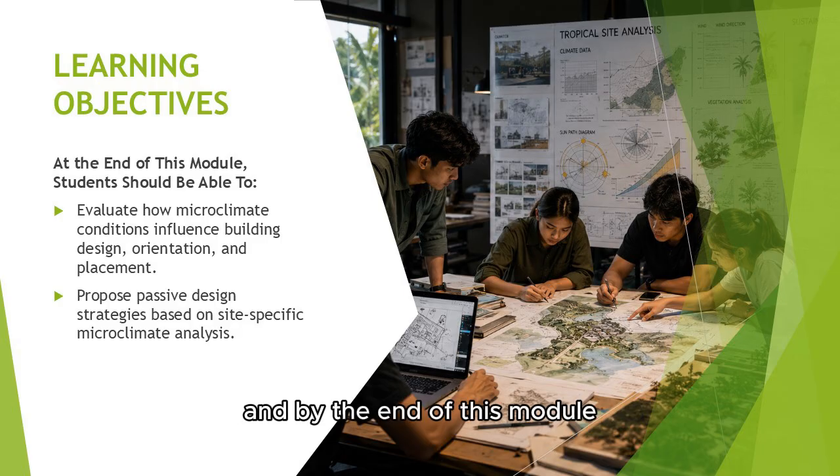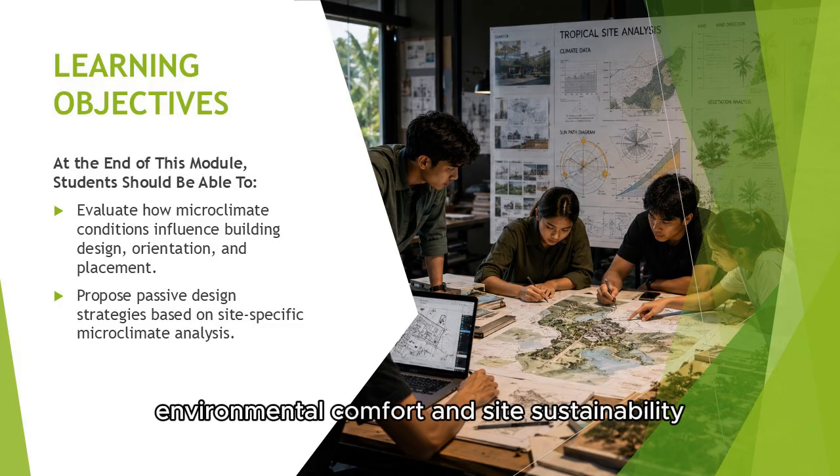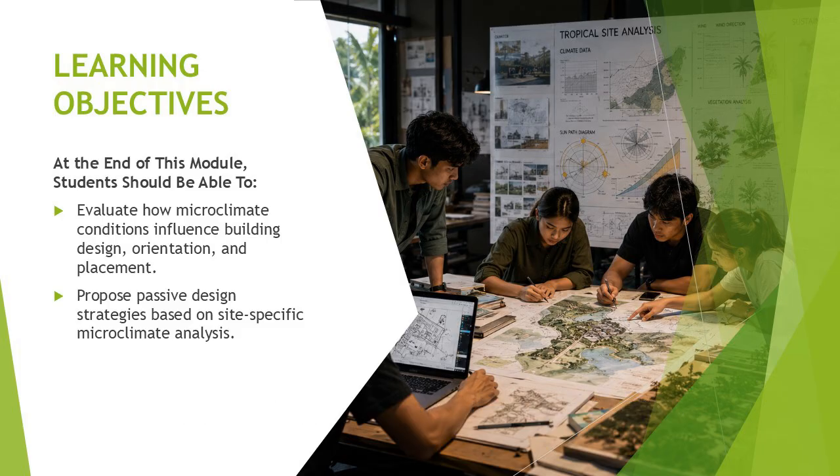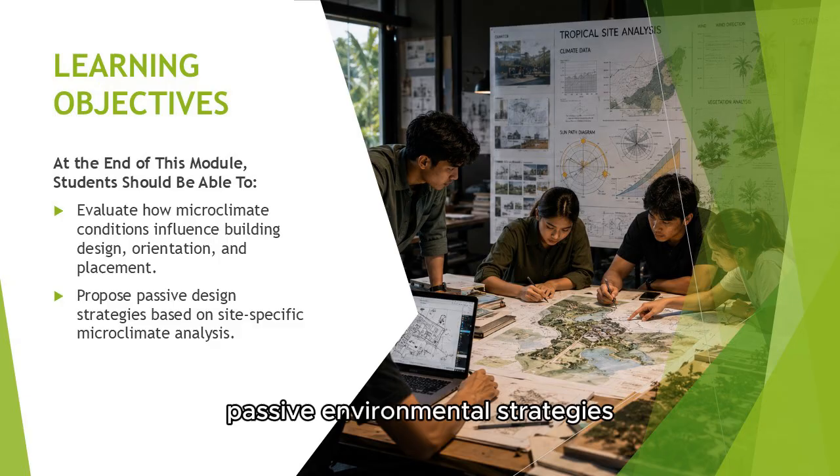By the end of this module, you should be capable of evaluating how local site conditions influence building orientation, building placement, landscape planning, environmental comfort, and site sustainability. You should also be capable of proposing passive environmental strategies based on actual site conditions.